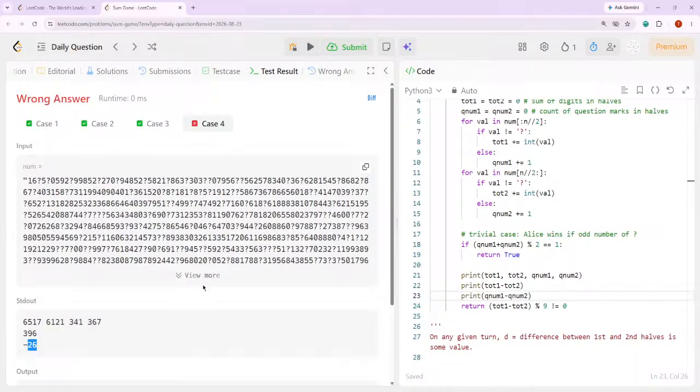I wonder. There must be some sort of logic that I'm missing here, obviously. So the first half is bigger, and the second half is smaller.